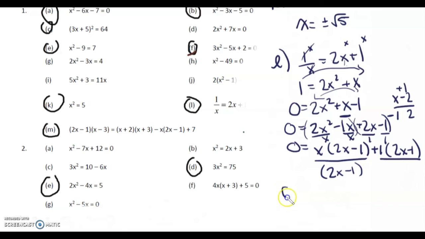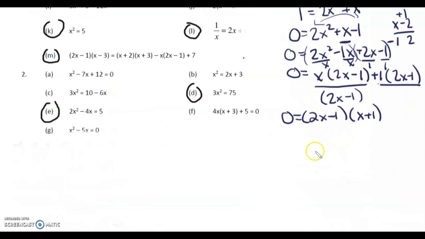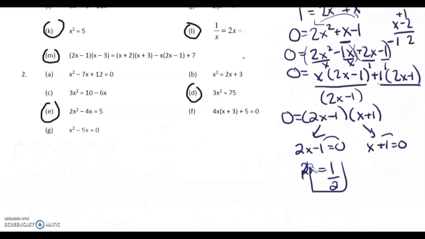So that's going to be our first factor. And then x plus 1 is going to be our second factor. Okay, if I branch these off, I'm going to get 2x minus 1 equals 0, and then x plus 1 equals 0. Bring these over, I get 2x equals 1, and divide out that 2, and I get x equals 1/2. And x equals negative 1.